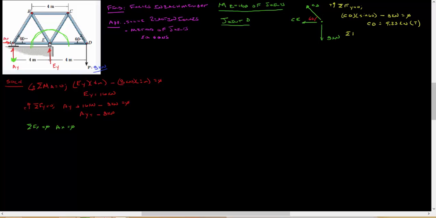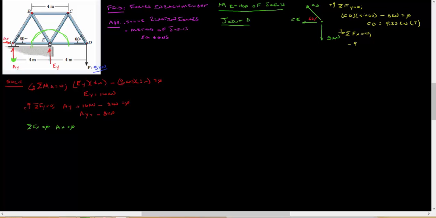Now if I sum my forces in the x direction, going to the right is positive. I know that this is 9.23 now, and 9.23 is going left, so it is negative.